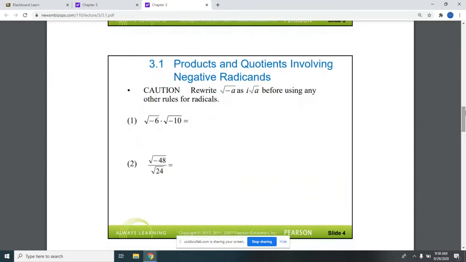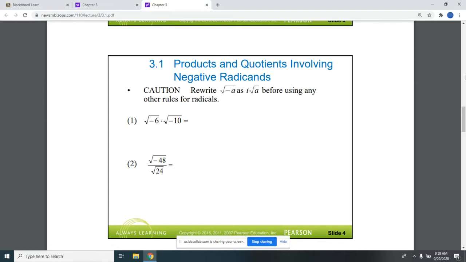All right, now we'll take a look at some problems that involve what are called negative radicands. And we have two examples. We have the square root of -6 times the square root of -10, and we also have the square root of -48 divided by the square root of 24.